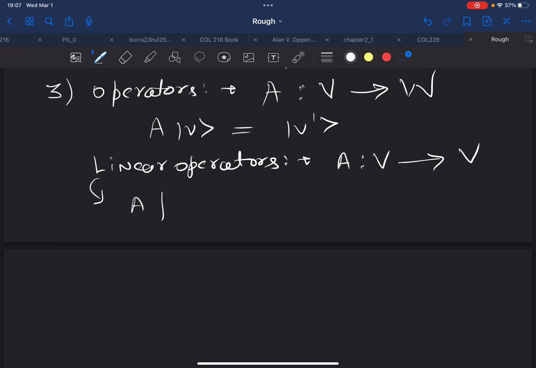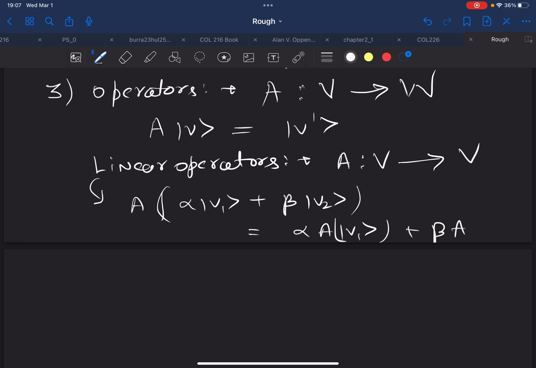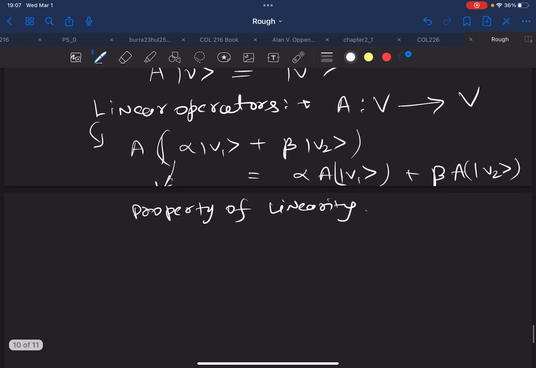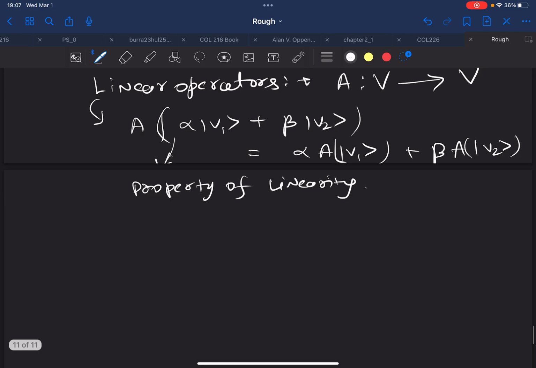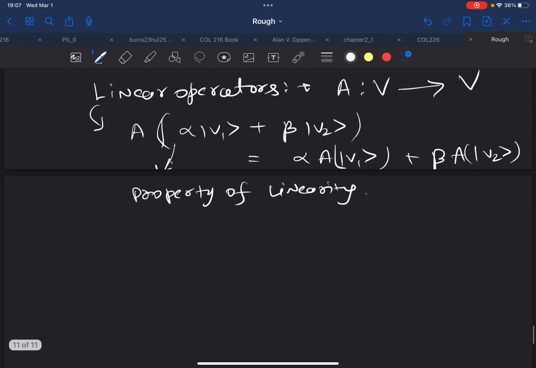For example, if an operator A acts on two vectors v1 and v2 from vector space V, then this can be written as alpha A v1 plus beta A v2. This we know as the property of linearity.